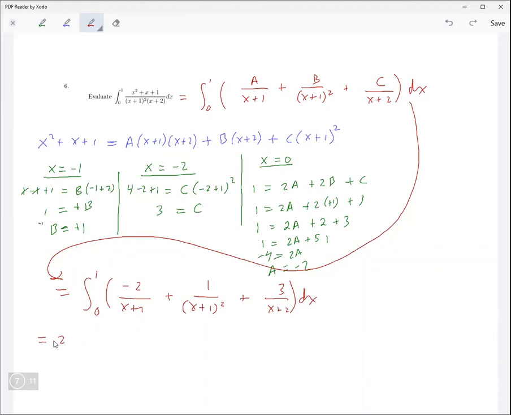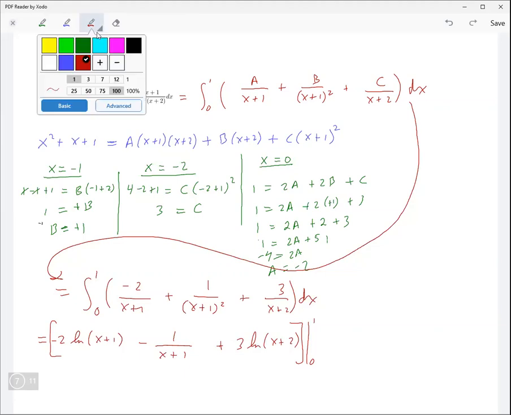So this one is negative 2 times the natural log of x plus 1. When x is between 0 and 1, this is always positive, so that's good. And then this one right here, the integral is actually negative 1 over x plus 1. I'll explain that in a little bit. And then this one is 3 times natural log of x plus 2. And that's all going to be evaluated from 0 to 1.